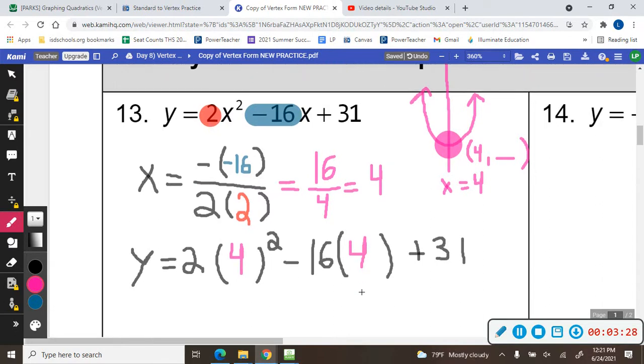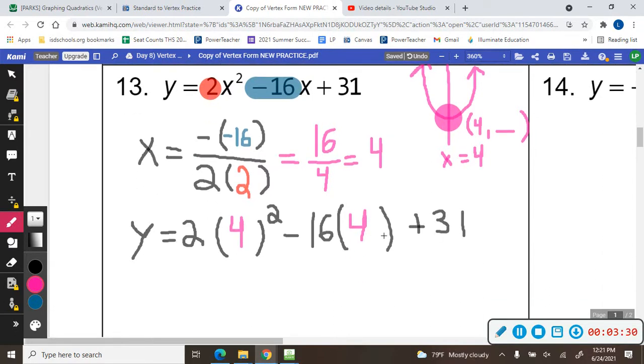And then from here, you could just type all that in your calculator at once, but I'm going to go ahead and work it out. Order of operations says to do exponents first. That's 4 squared is 16. And then 16 times 2, that's 32. 16 times 4, that's 64.